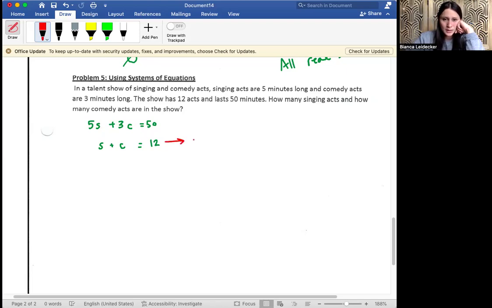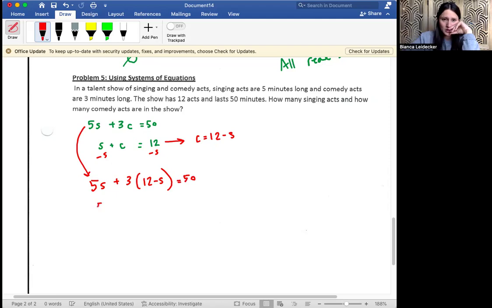So over here, I'm going to rearrange this a little bit where maybe if I subtract S on both sides, then I would have C equals 12 minus S. And then I could plug that in place of my equation. So now I'm going to use this system here. 5 times S plus 3 times 12 minus S equals 50.